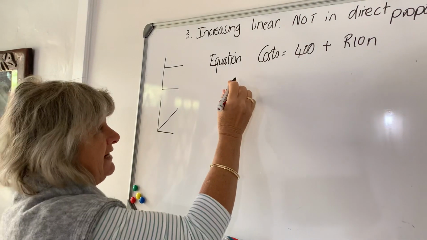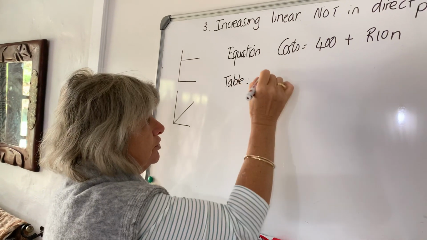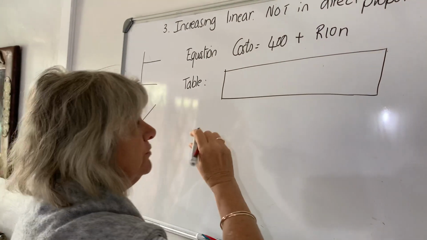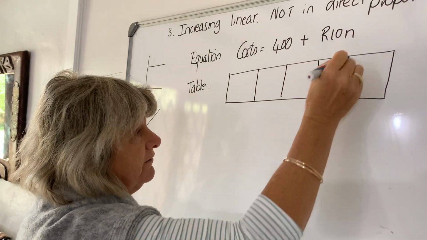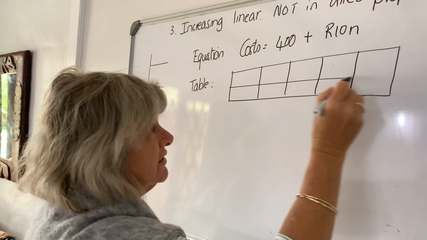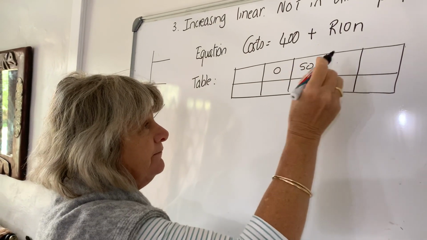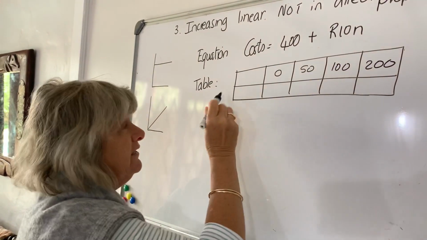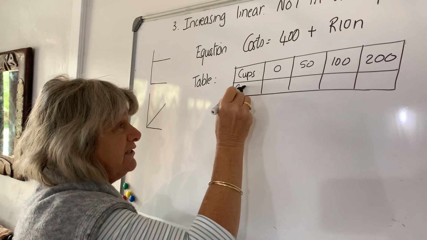Now let's make a table to show her costs for up to, say, 200 cups of coffee. So we are not going to graph every value, we're just going to choose a couple. Let's say 0, 50, 100 and 200 cups of coffee, and this will be cups, and this will be her costs.